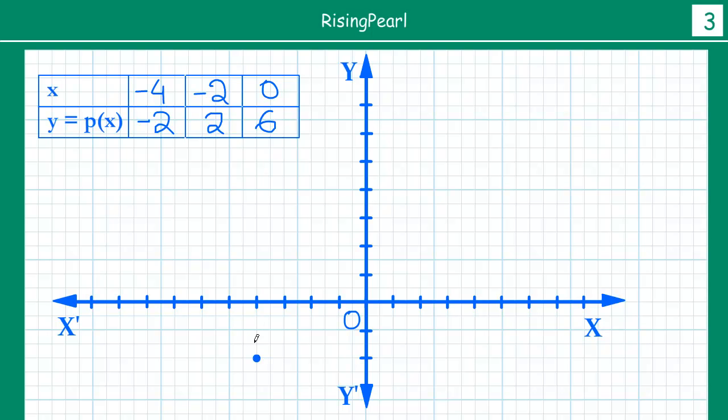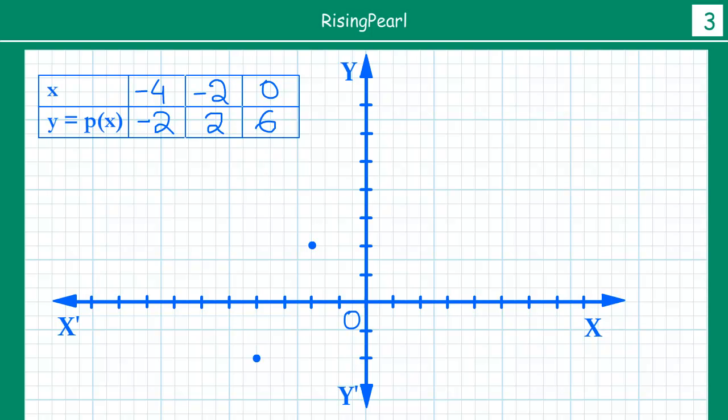So this point is minus 4, minus 2. The next point is minus 2 and 2. So x is minus 2, 1, 2, but y is plus 2, so we go up 1, 2. So this is the second point, which is minus 2 and 2.